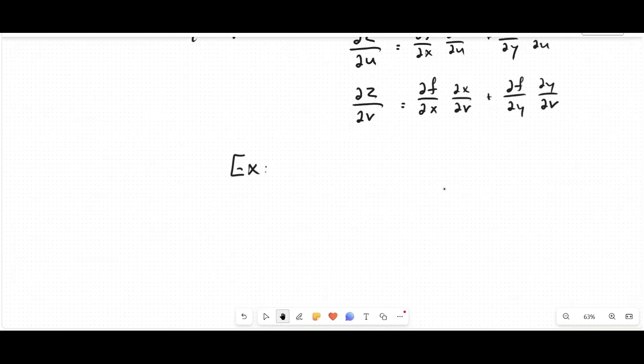So here's what they give us. z is equal to, I'm going to skip the f part, 3x squared minus 2xy plus y squared. x is 3u plus 2v, and y is 4u minus v.